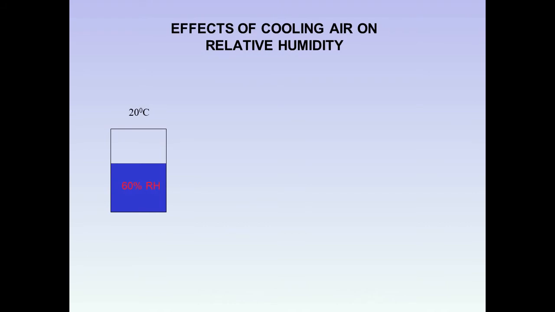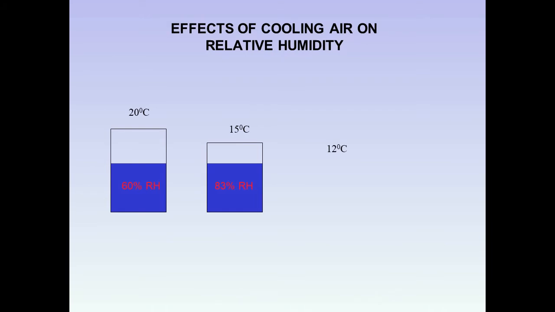What we're going to do now is cool the air down to 15 degrees. The bucket gets smaller, but we're going to pour that amount of material in the left into this bucket. Same amount of material, but this time the relative humidity has increased to 83%. Why? It's simply a proportion of the volume of that bucket.